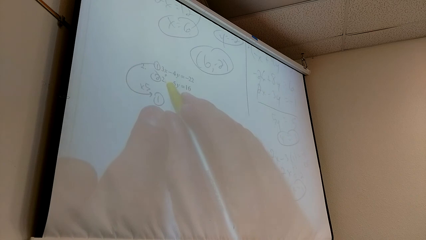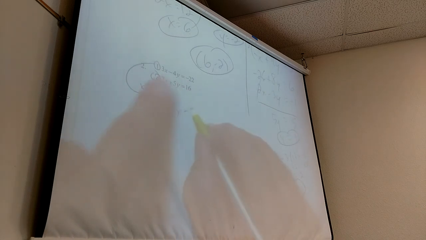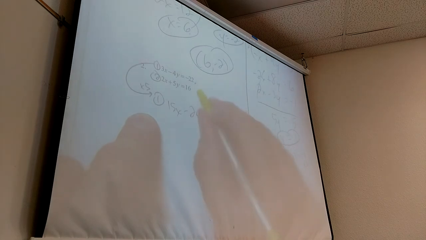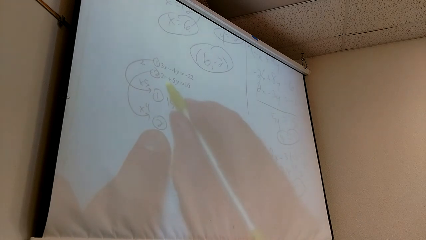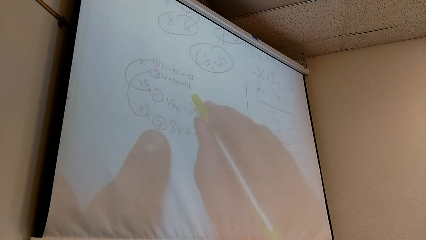So if I multiply by 5, I get 15x, 20y, negative 110. The second one I multiply by what? 4. Just 4, Jeff, it'll work. What's 4 times all this? 8x plus 20y equals 64.